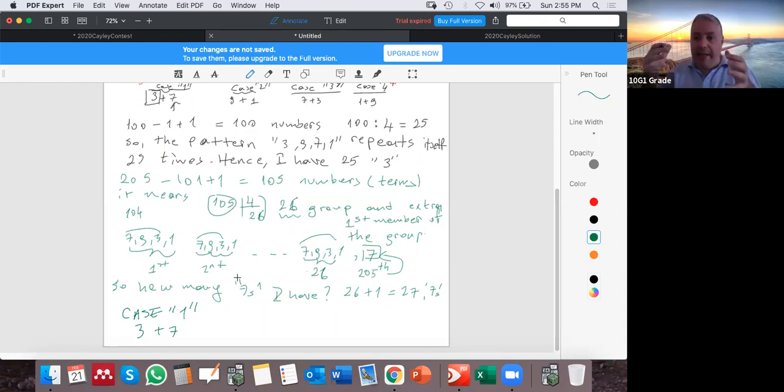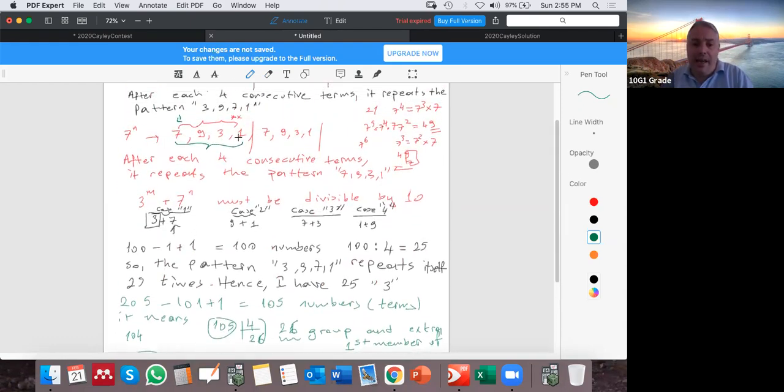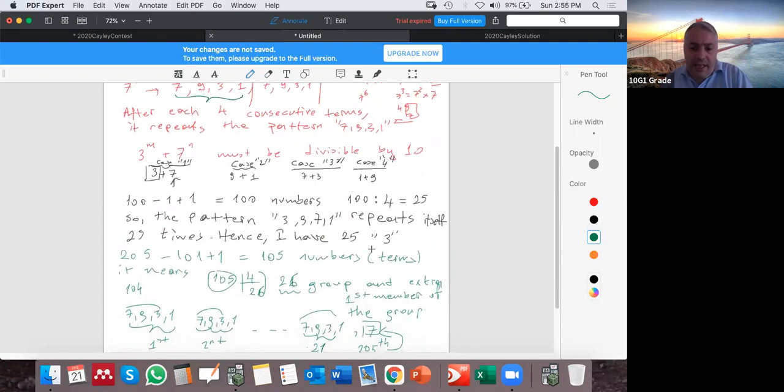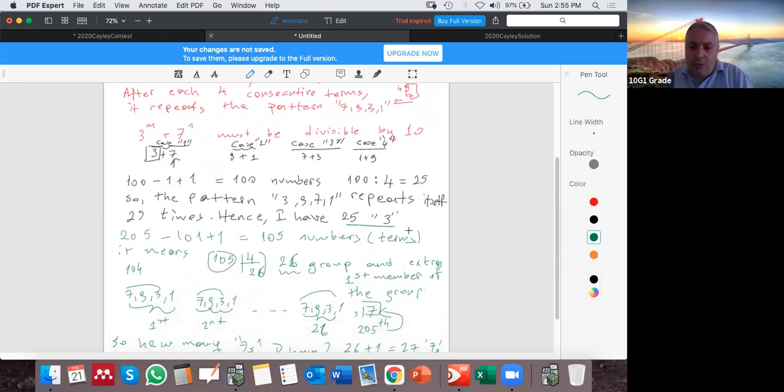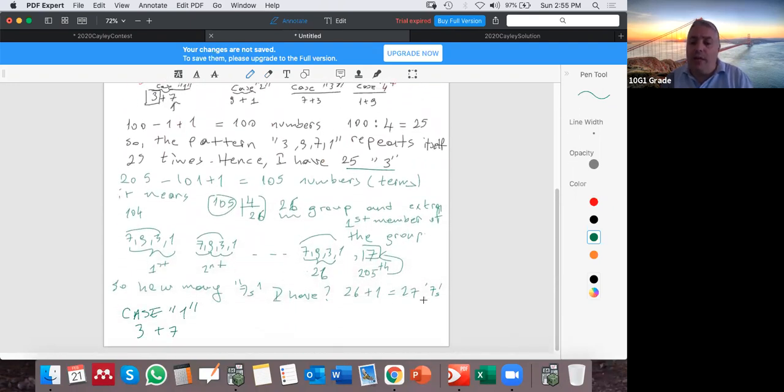First 3 with first 7, second 3 with second 7, third 3 with third 7, and so on. So how many do I have? For the 3s, I got 25, right? 25 3s and 27 7s. So can I have 25 times 27 different cases?